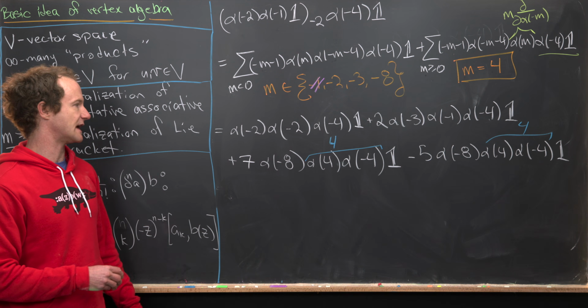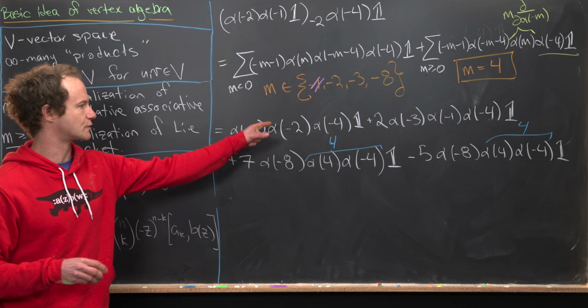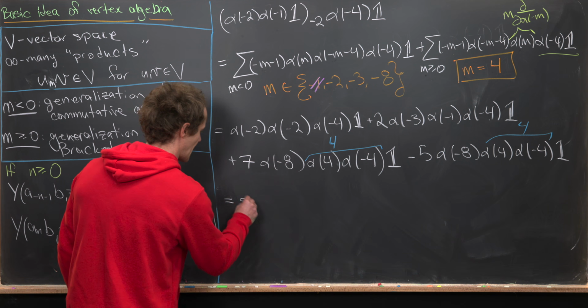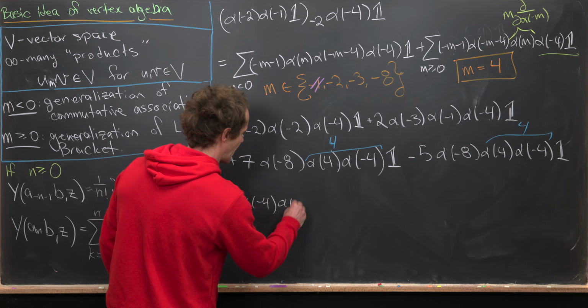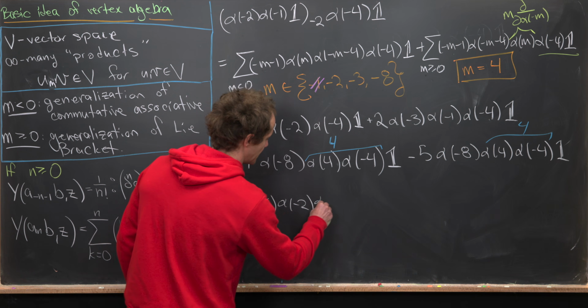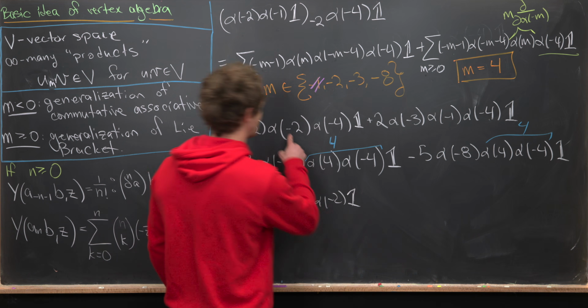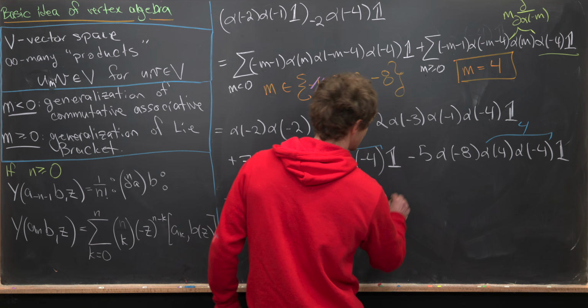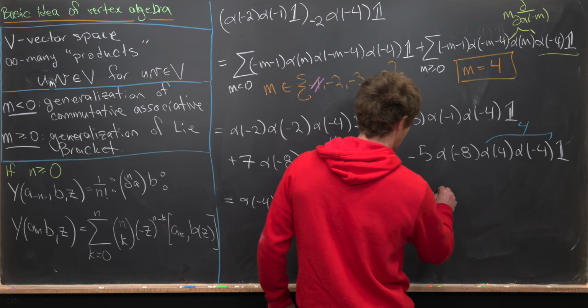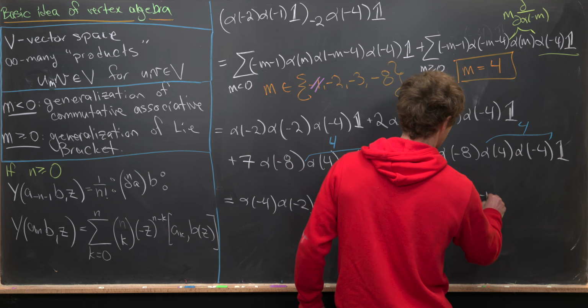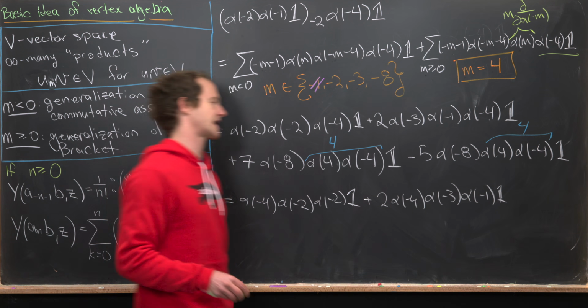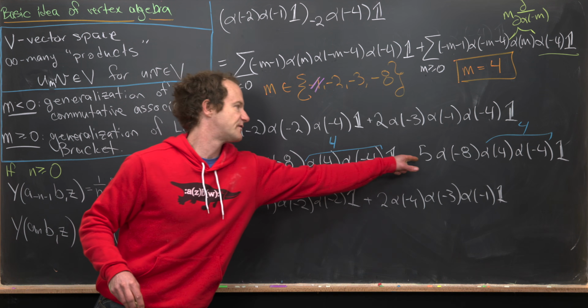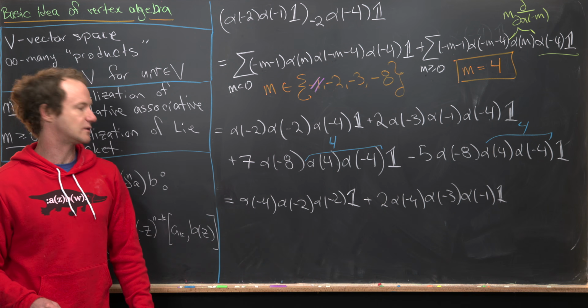And then we can start bringing everything down. So let's do it in some sort of order. So notice here we'll have alpha -4, alpha -2, alpha -2 on the vacuum. That's the first term, plus 2, alpha -4, alpha -3, alpha -1 on the vacuum. That's the second term. 7 minus 5 is equal to 2, times 4 is equal to 8.